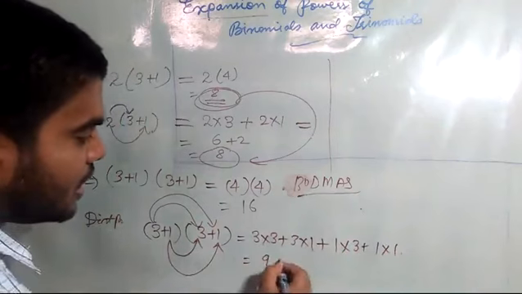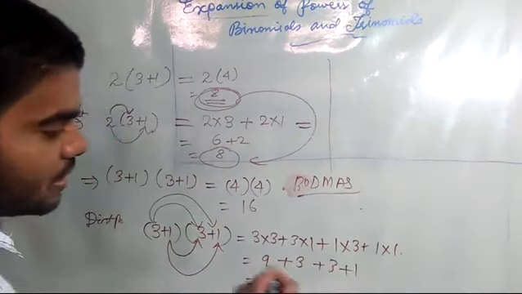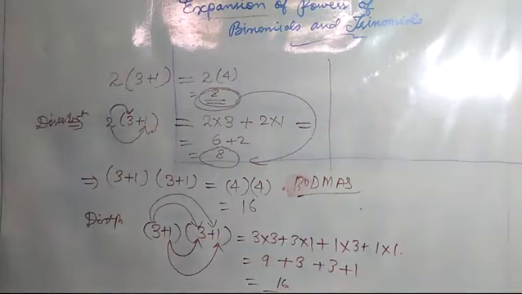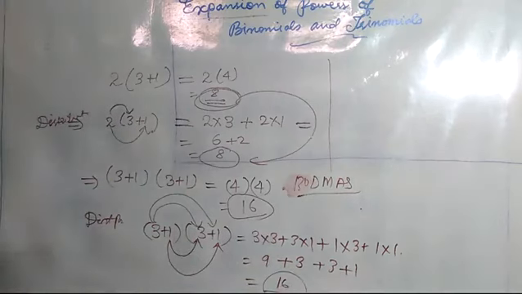So 3 3s are 9 plus 3 1s are 3, 3 1s are 3 plus 1. 9 plus 3 is 12, plus 3 is 15, plus 1 is 16. So what I want you to understand here is that whatever method we apply, we will be getting the same answers. Either we use the BODMAS rule or the distributive property, we will be getting the same answers.